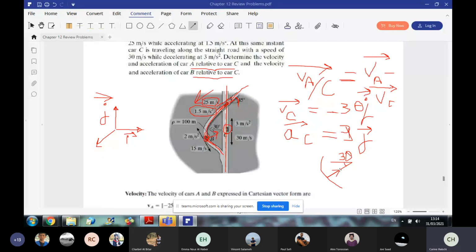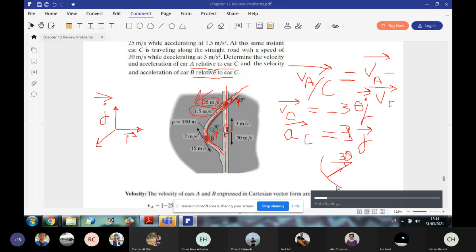So the UT axis will be downward because B is moving, the velocity is down, while the tangential acceleration is upward.